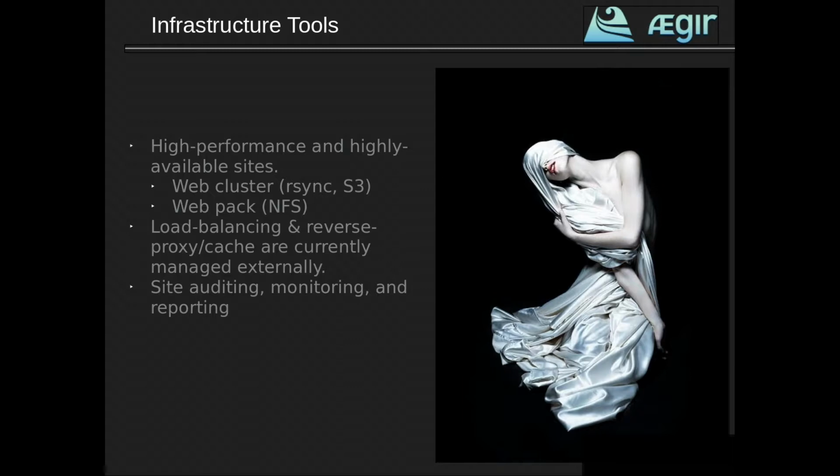S3 has to be implemented at the site level, right? The site has to support the fact that you're going to be uploading your files directly to S3. Now, there are Drupal modules that do this. They're not hard to deploy. In fact, we have code within some extensions within Aegir that will do things like deploy the credentials that are required for S3 to sites. So it just automatically does everything for you.